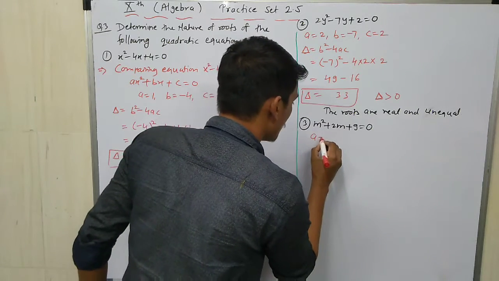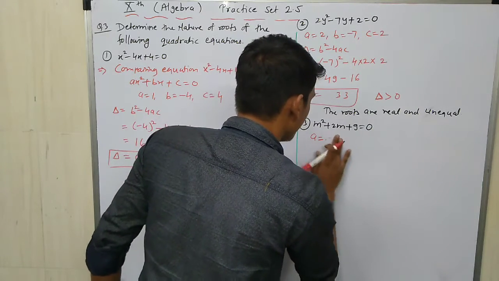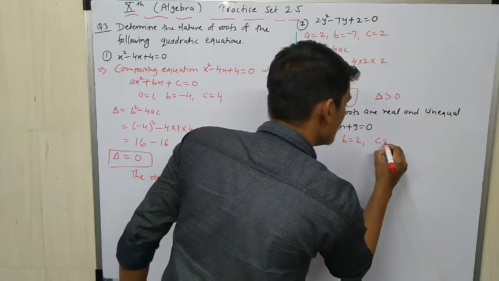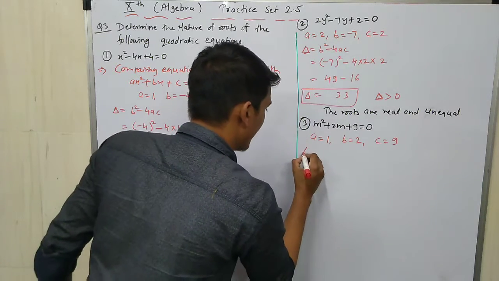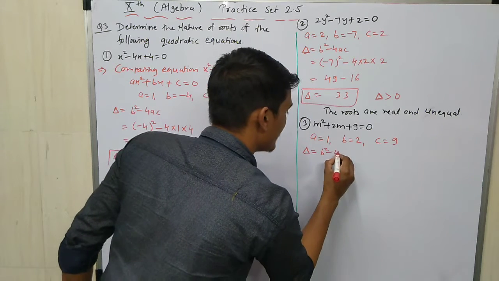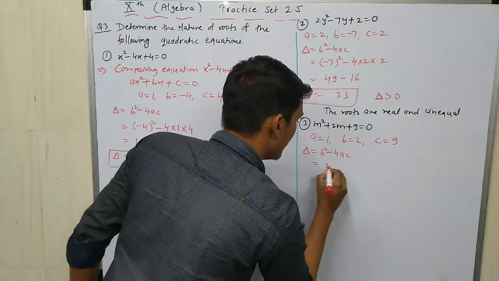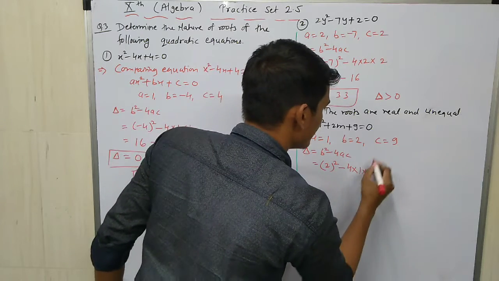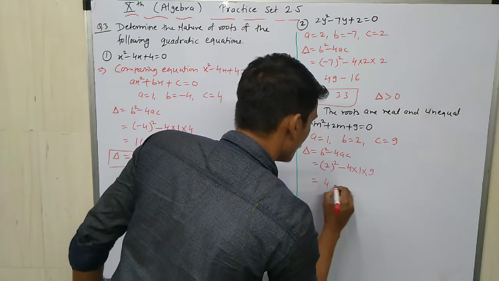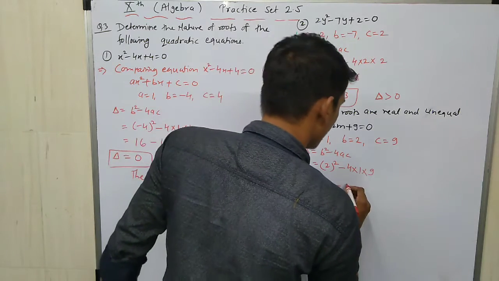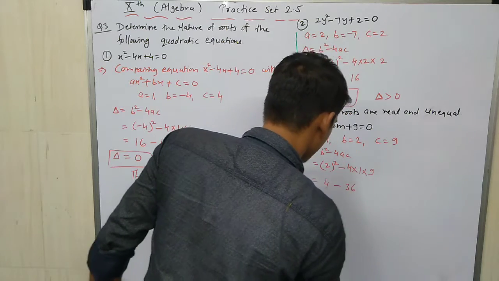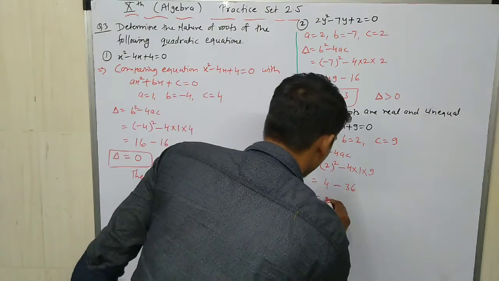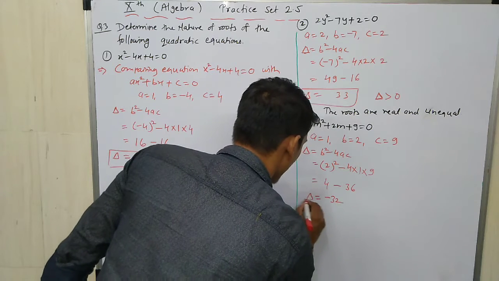Now a is equal to 1, b is equal to 2 and c is equal to 9. Write down delta is equal to b square minus 4ac. b value is 2 square minus 4 into a value, 1, and c value, 9. 4 minus 4 9s are 36, which is equal to minus 32. This is delta.